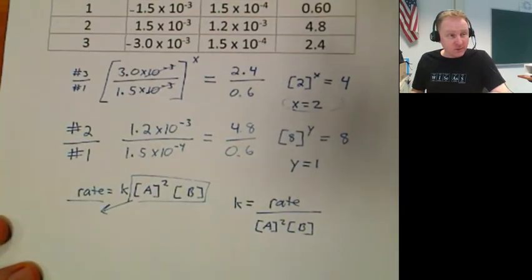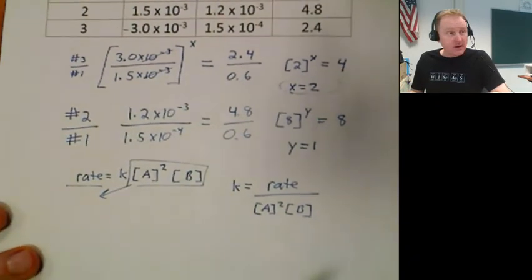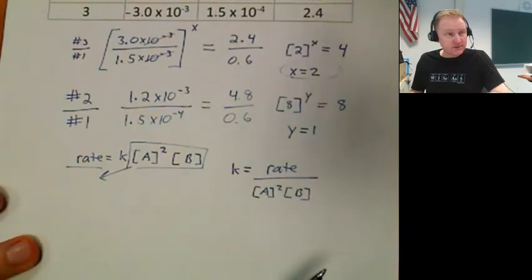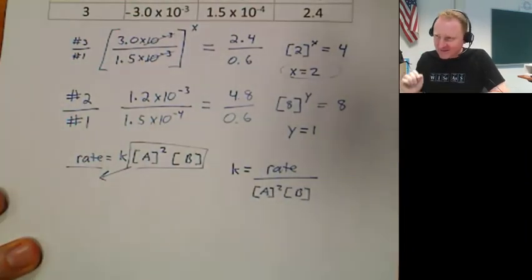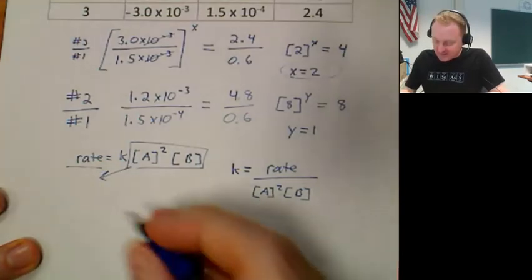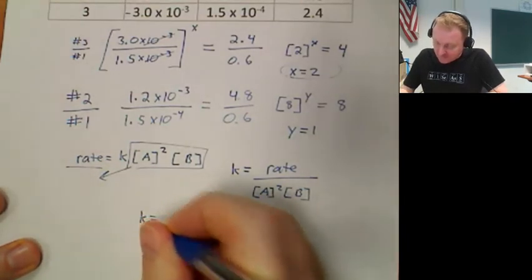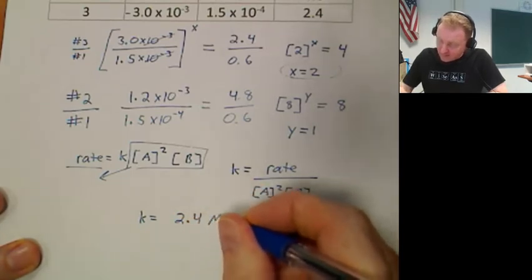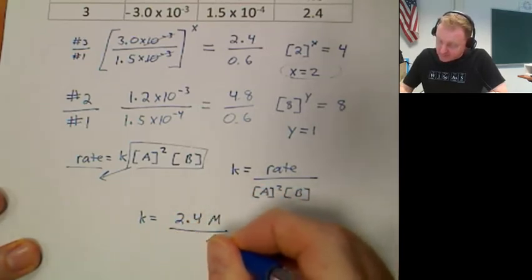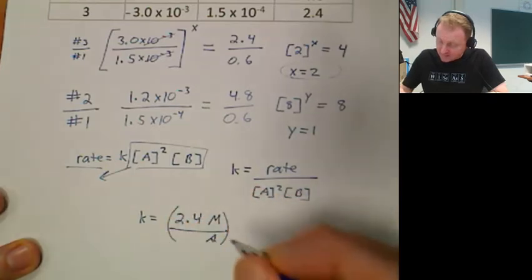Then we just pick one of our experiments. We could choose any one, and we'll get the same answer for k. I'm going to choose 3 just because I can move up my paper here and you'll still see 3. So k equals the rate of 3, 2.4 molarity per second, in parentheses.